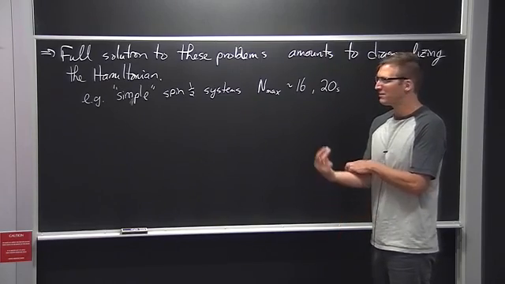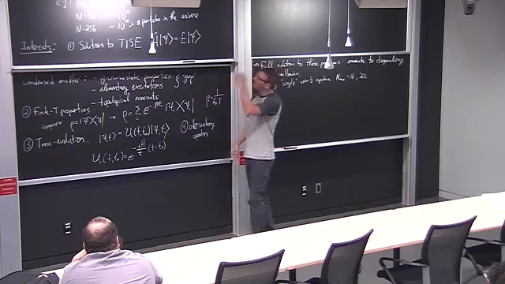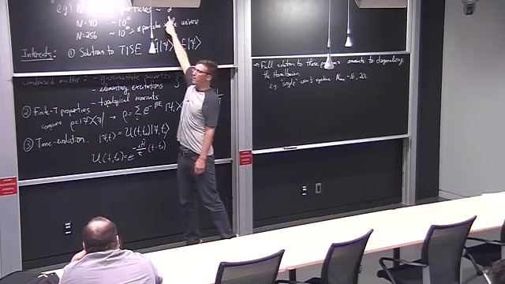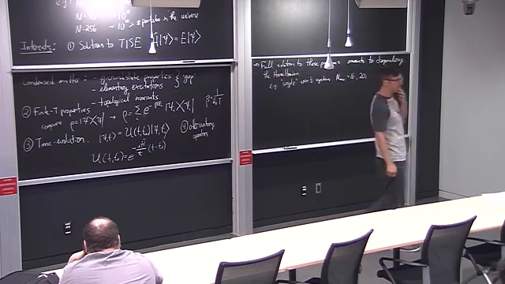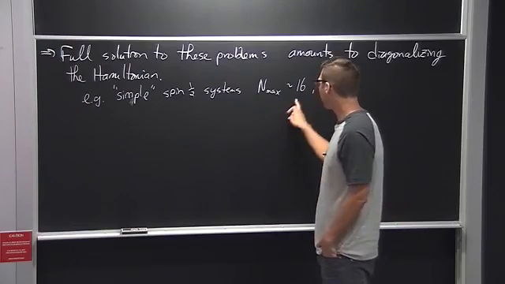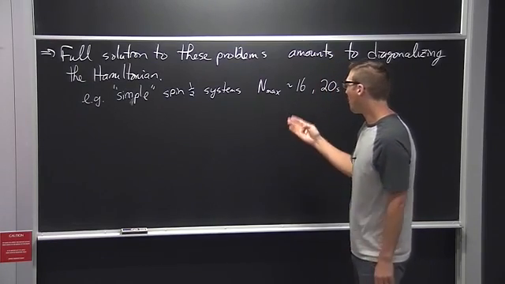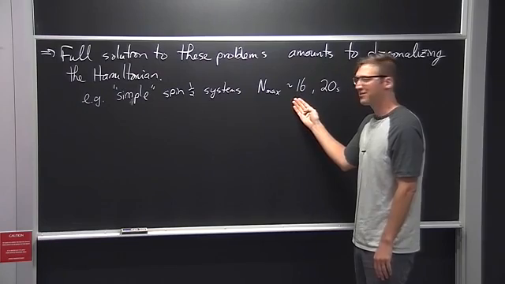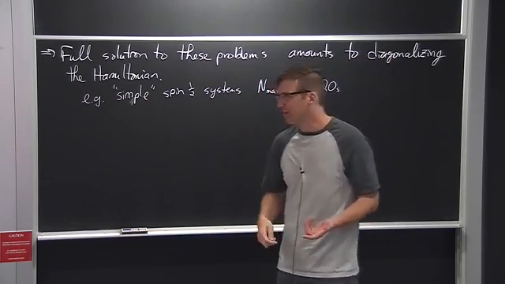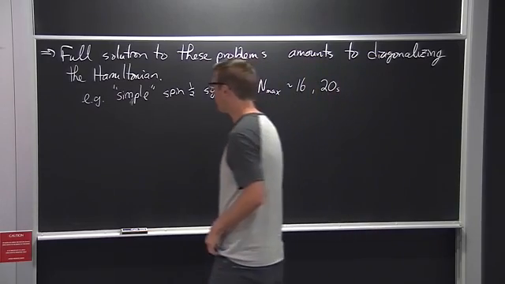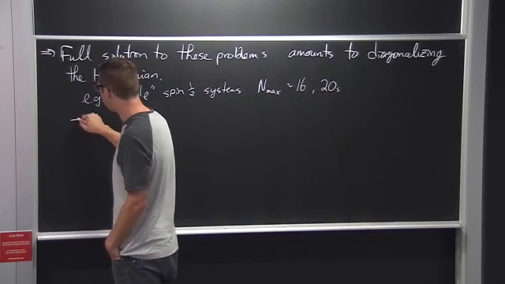And that's for the simplest case, since the local Hilbert space for spin 1/2 is the lowest possible dimension for your Hilbert space, essentially. So even these very simple spin systems are almost intractable with diagonalization. Now, I should say, if you want to know the properties of 16 spins, that's fine. But when I talk about many-body systems, and especially if we're talking about condensed matter applications, we're typically talking about the thermodynamic limit.